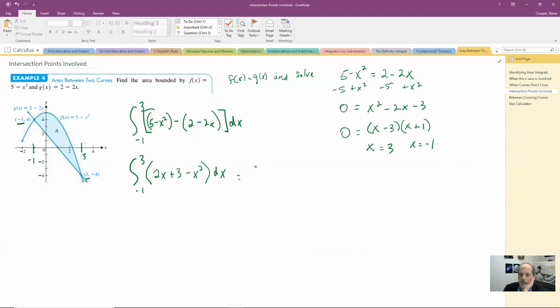Okay, so that's going to be 2x squared over 2, which is just x squared, plus 3x minus x cubed over 3, running from negative 1 to 3.